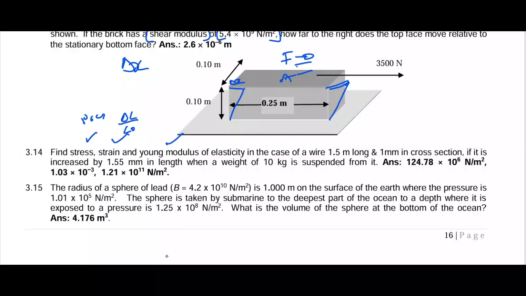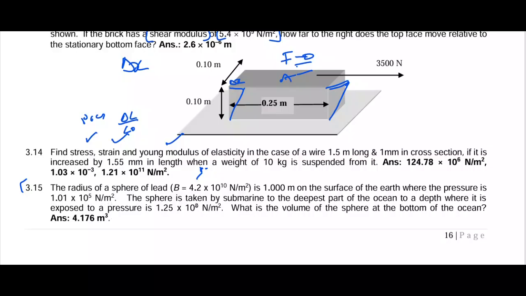Also, to the other side, now we are talking about the radius of the sphere of lead. Here you're given the pressure of the lead, which is 1.000 meter on the surface of the earth, where the pressure is 1.01 times 10 to the power 5 newton per meter square.